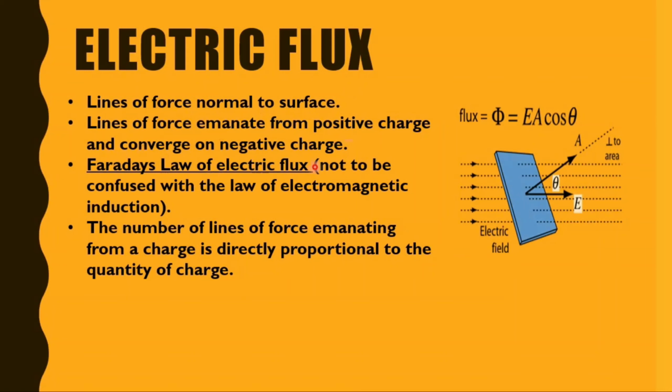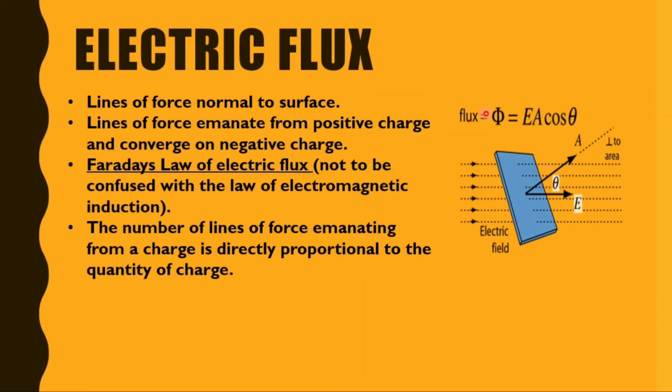According to Faraday's law of electric flux, but do not confuse it with the law of electromagnetic induction, it states that the number of lines of force emitting from a charge is directly proportional to the quantity of charge.